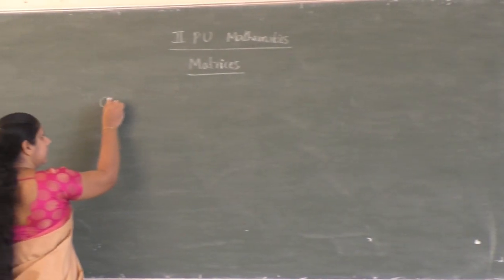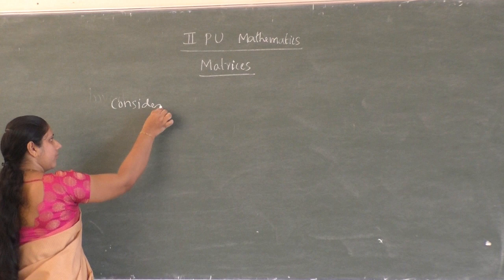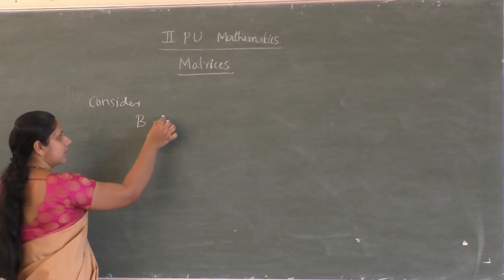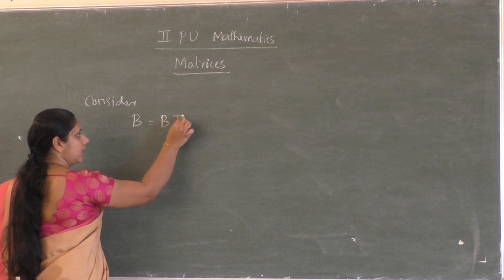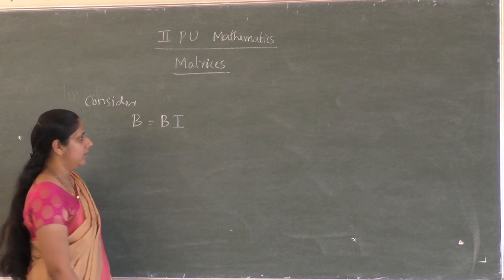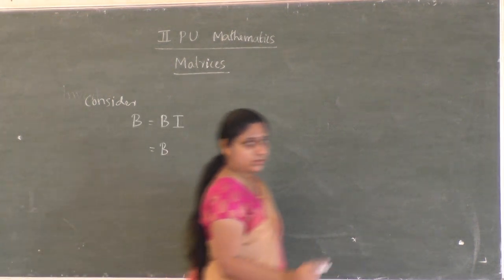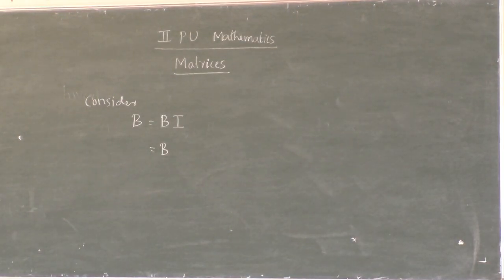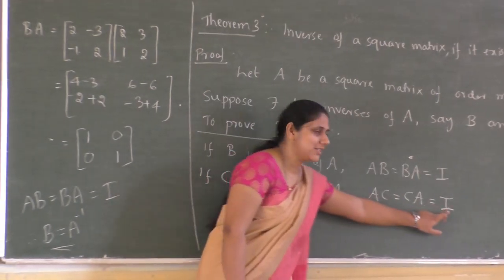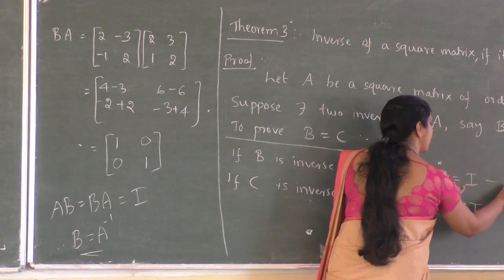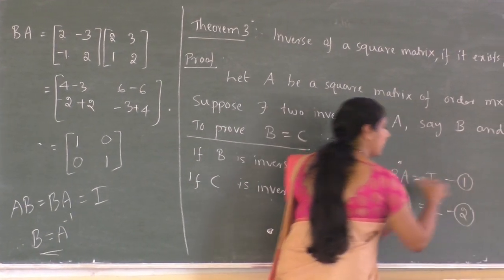So for that, consider matrix B. See, we can write matrix B as matrix B into I. Now, we have the condition AC is equal to CA, which is equal to I, and AB equal to BA equal to I. We will take these as equation 1 and equation 2.